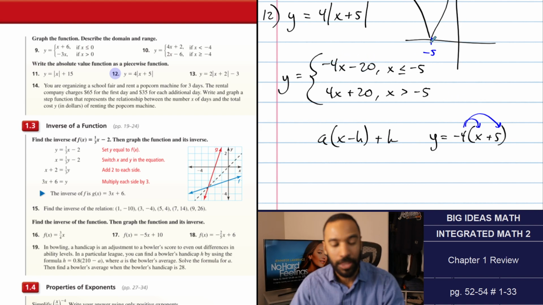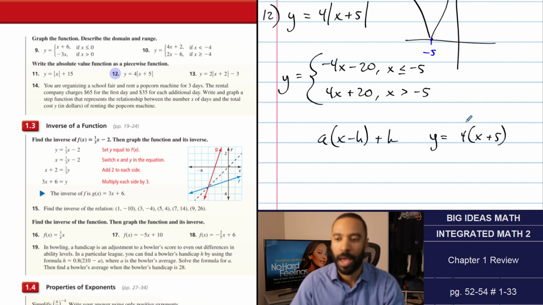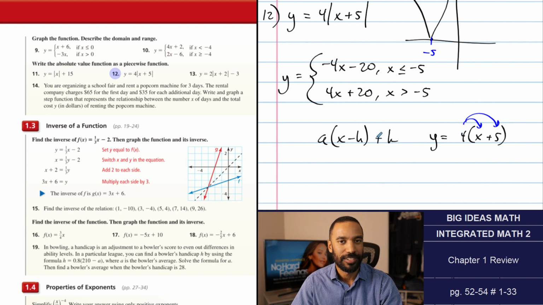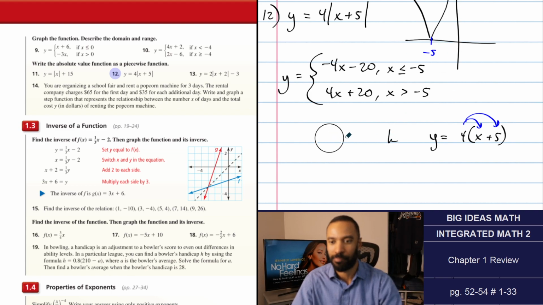On the other hand, the other one has a slope of positive 4 at the same point, boom, x plus 5 like that. And what happens when I distribute 4 into here? I get 4x plus 20. So you can come up with that 20 given this AHK business. There's no k, k is 0. It's at negative 5, 0.